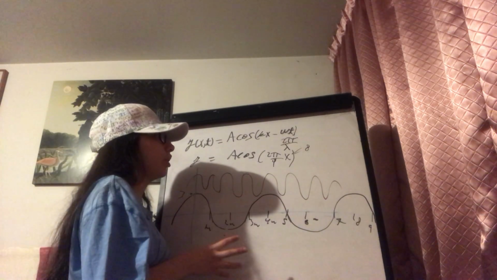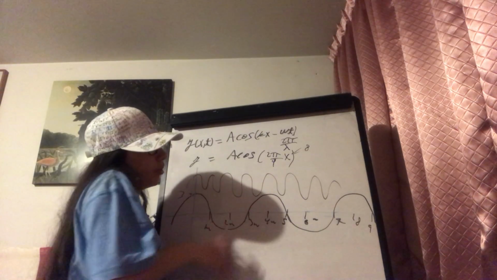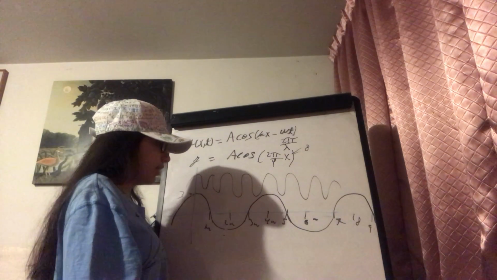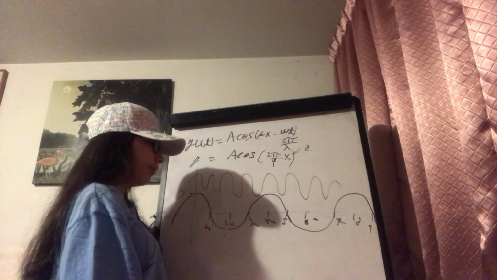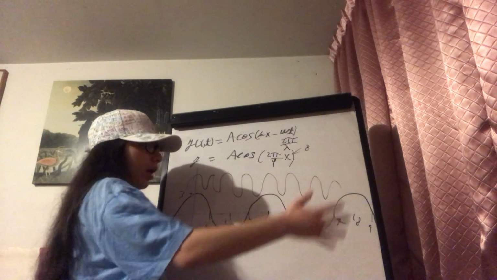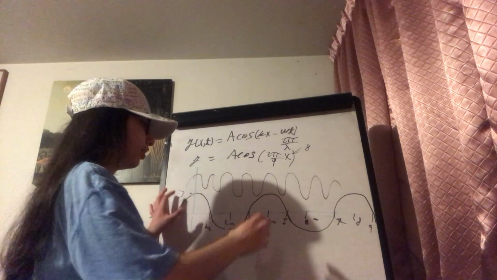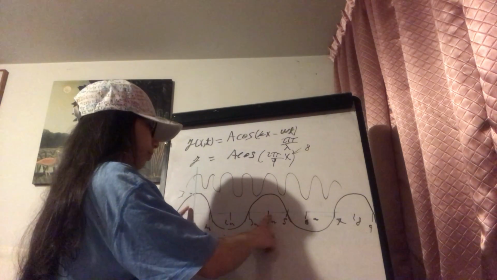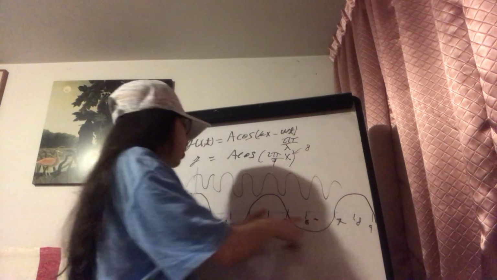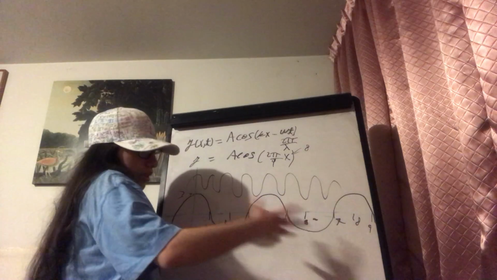Next thing that we need to take into consideration to construct our wave equation is this: if I move this to the right one wavelength, that is, I move it completely one wavelength, you will see that the shape is completely the same, but I shifted it.